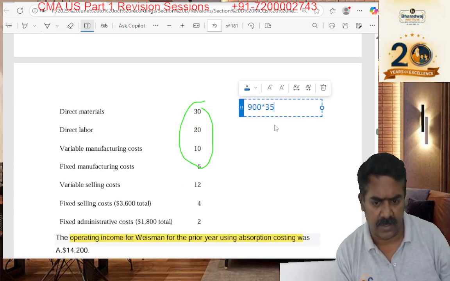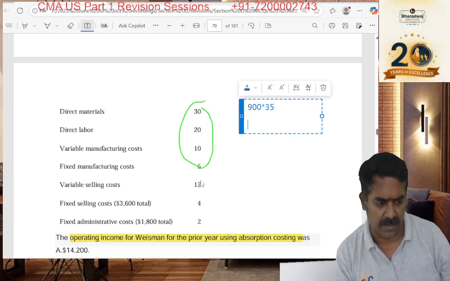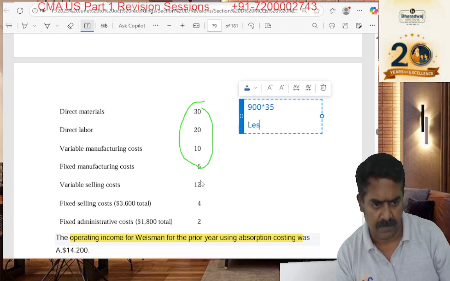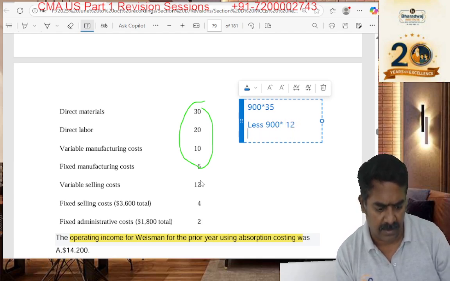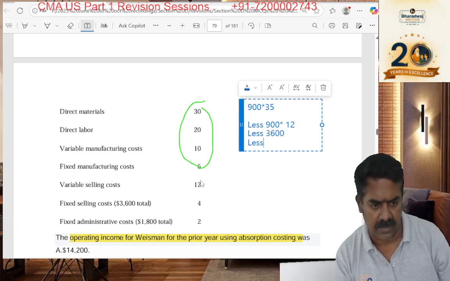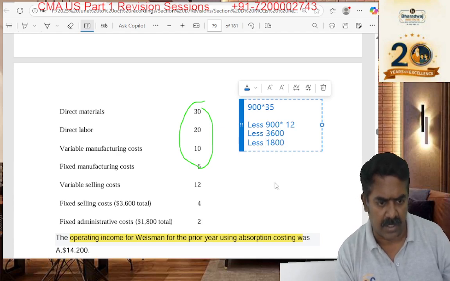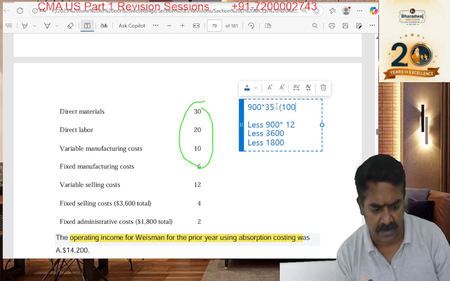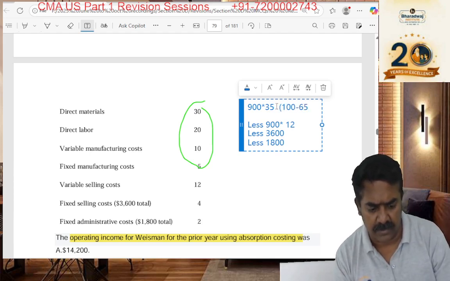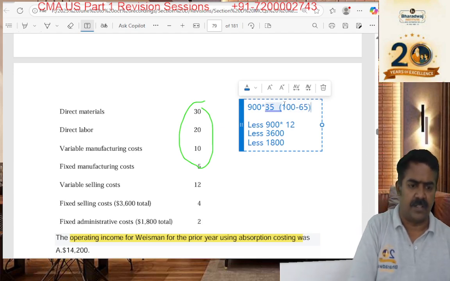900 into 35 minus variable selling cost, 900 into 12, less 3,600, less 1,800. You understand how we get this 35? 100 minus all your variable and fixed manufacturing costs.